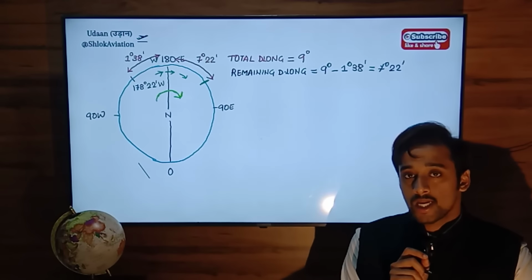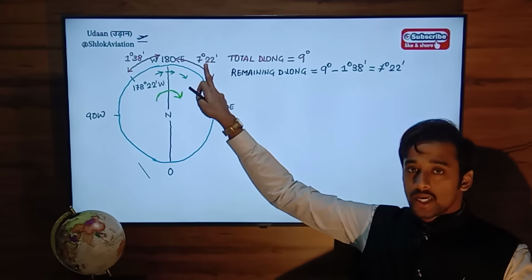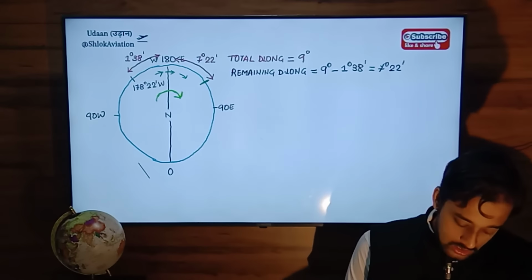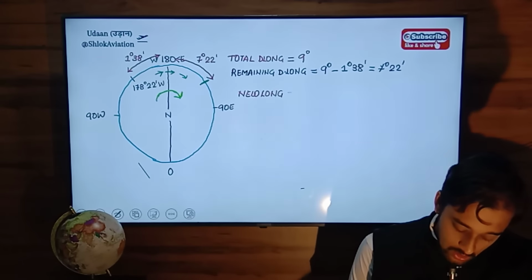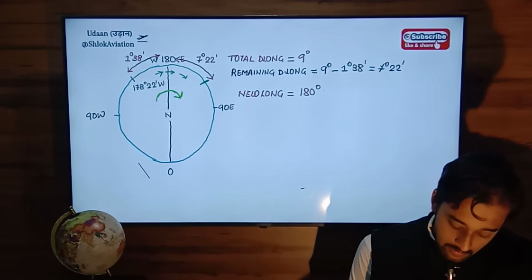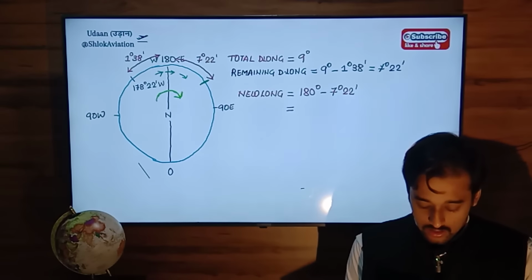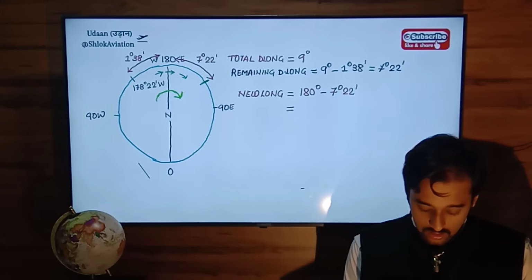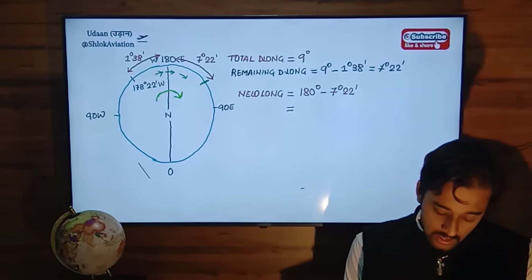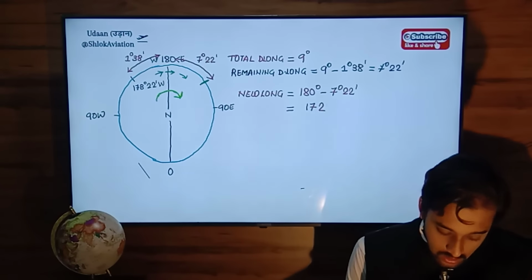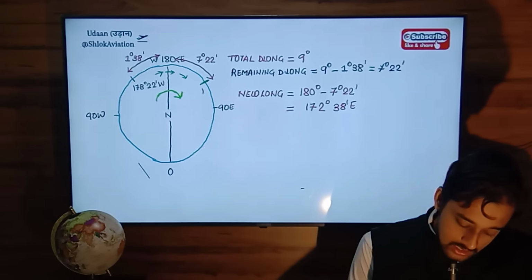That is D long, that is not the longitude. So the longitude will be 180 minus 7 degrees 22 minutes, and that will give you the new longitude. So the new longitude is 180 degrees minus 7 degrees 22 minutes, which is 172 degrees 38 minutes east.